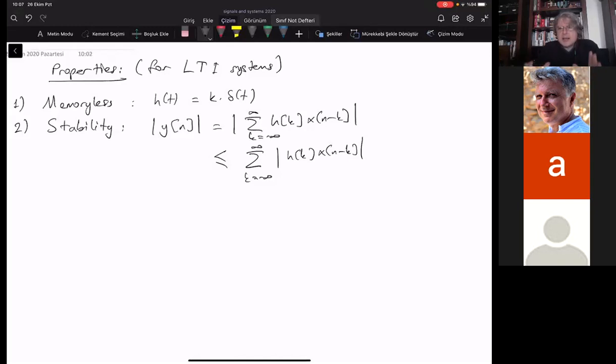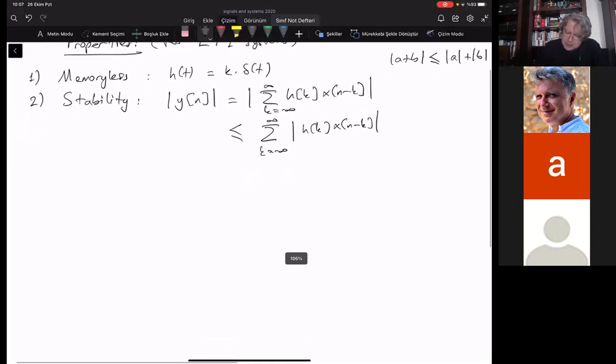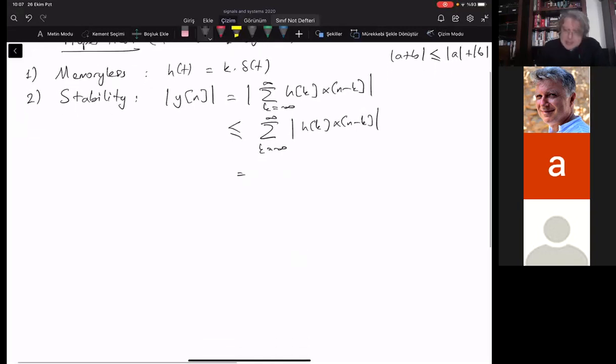This is an extension of the absolute value of a plus b being less than or equal to the absolute value of a plus the absolute value of b, in an infinite summation. It's also known as the triangular inequality in mathematics.